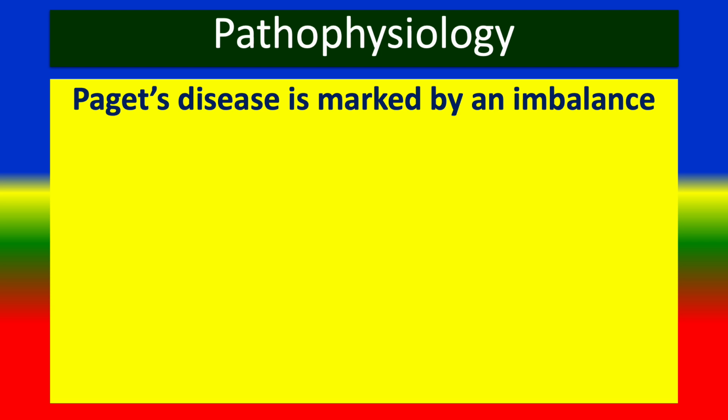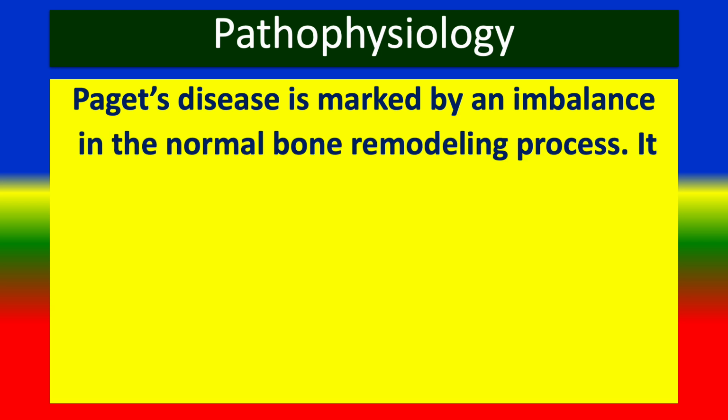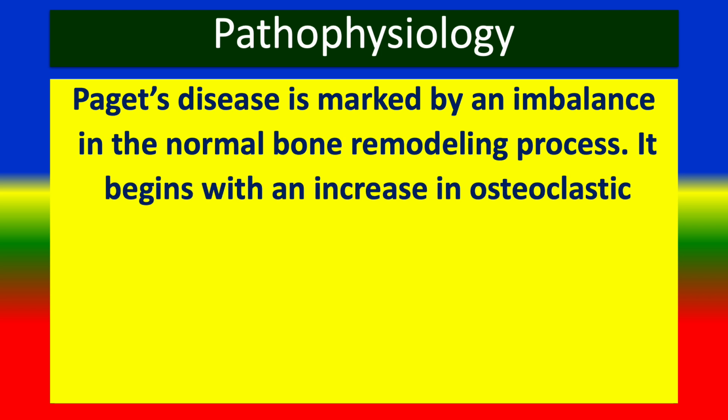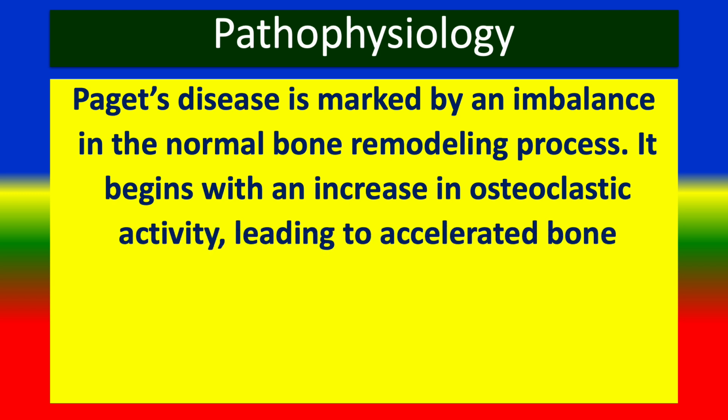Paget's disease is marked by an imbalance in the normal bone remodeling process. It begins with an increase in osteoclastic activity, leading to accelerated bone resorption.